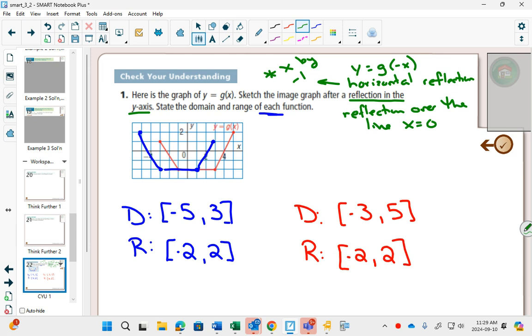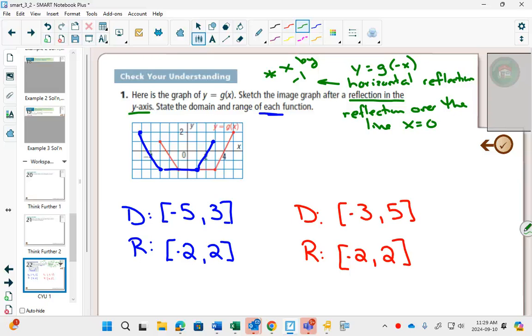No. So if our original range went from -2 to 2 and we did nothing to our y values, does it make sense that they'd still be from -2 to 2? But we did do something to our x values. We multiplied them by a -1. Can you see that in the domain answer? The original went from -3 to 5. But if I multiply -3 by a -1, and I multiply 5 by a -1, it's now from -5 to 3.